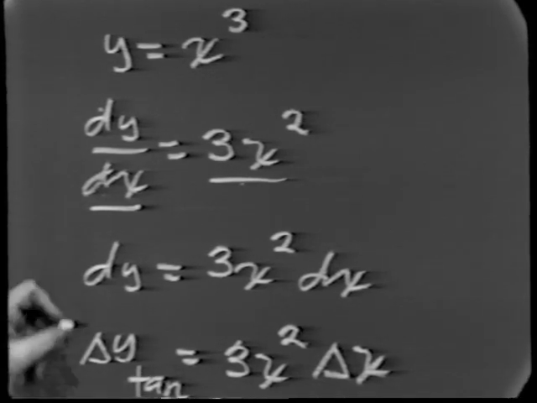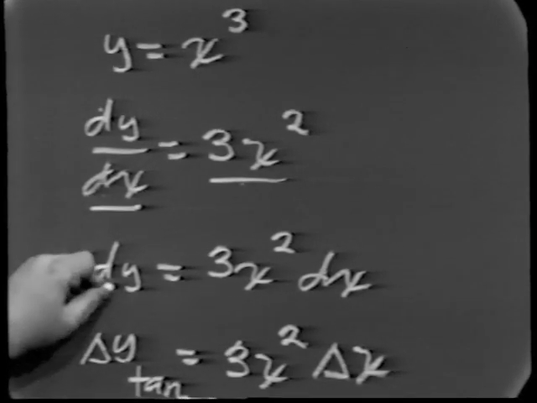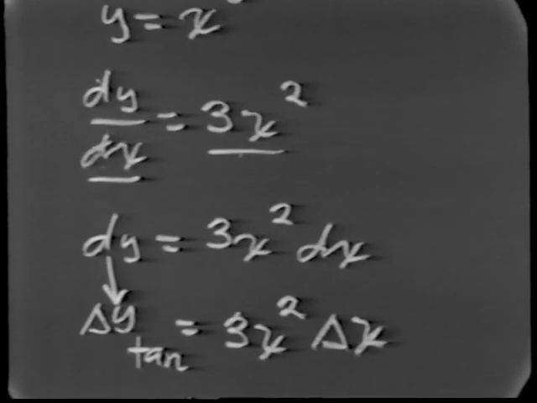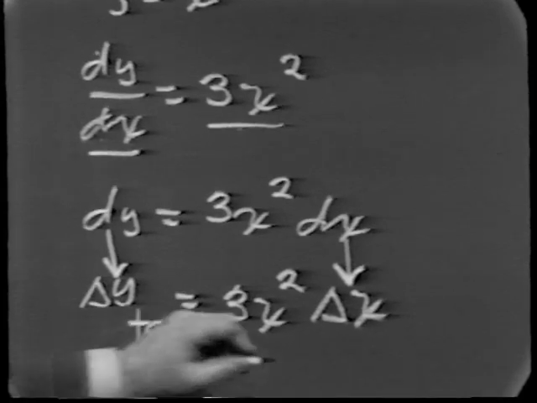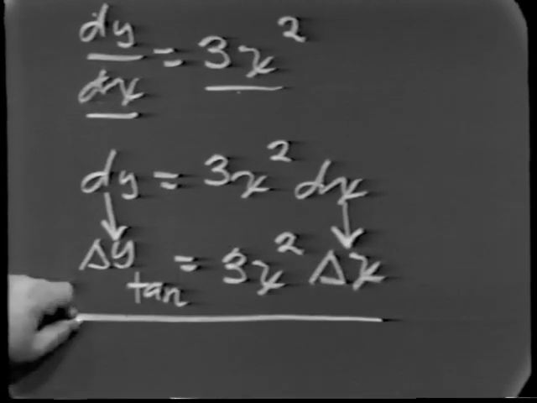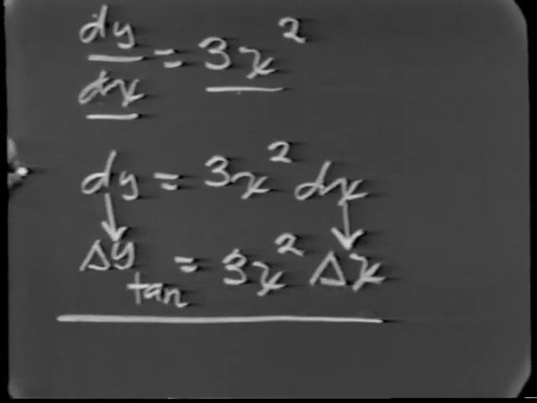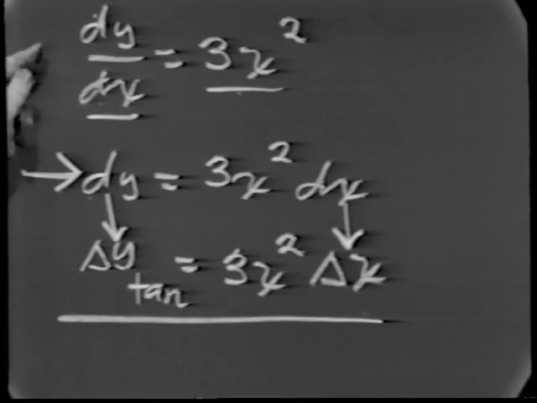And the answer is that since we've defined dy to be delta y tan, and dx to be delta x, and since we already know that this recipe is correct, we can now write things like this without having to worry about whether it's proper or not.